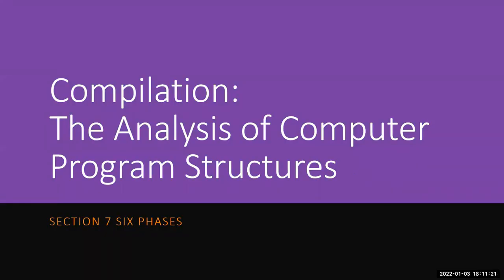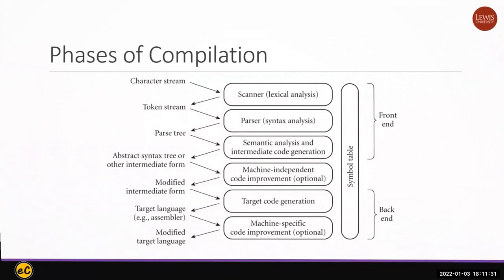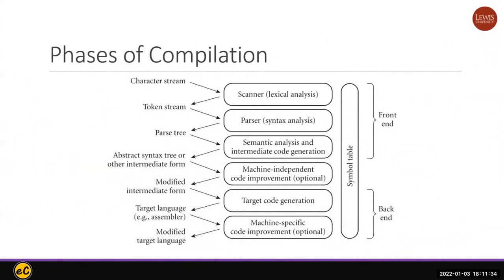Compilation is the analysis of a computer program's structure. Here we have 6 phases for compilation stages. The first stage is called lexical analysis. The second stage is syntax analysis. The third stage is semantic analysis.